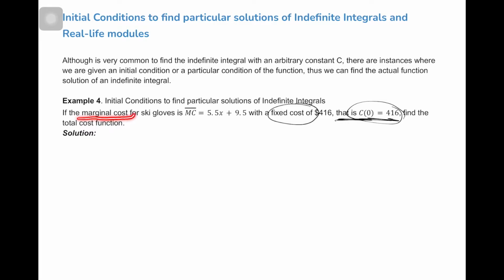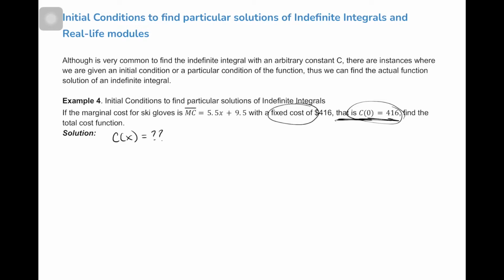But let's go back real quick and think about what they're giving us. They're giving us the marginal cost, and marginal means the derivative of the cost. So think about that, this is the derivative. And they're asking us to find the total cost. The total cost, by definition, is the original cost function.